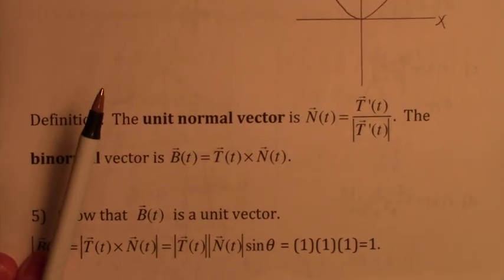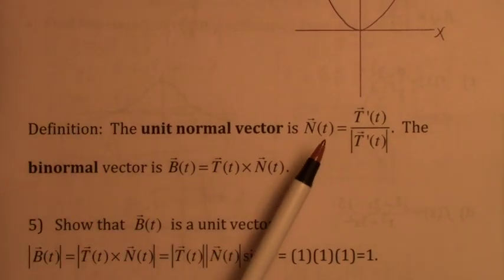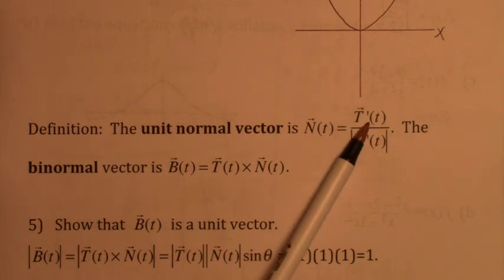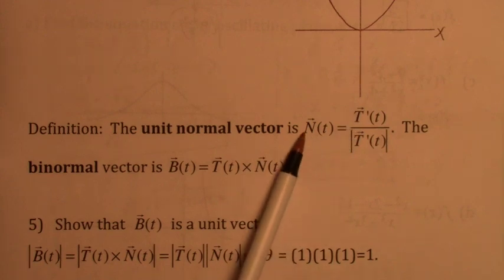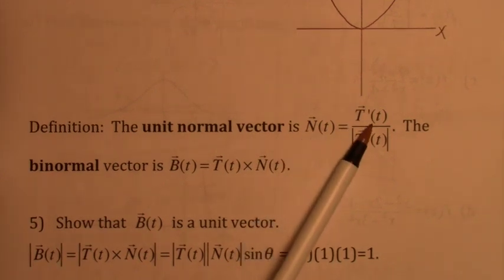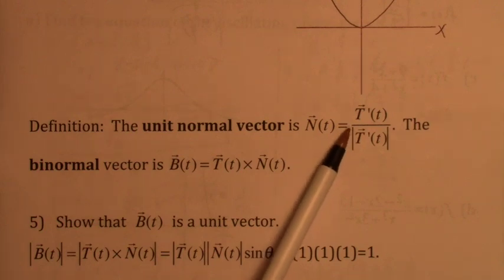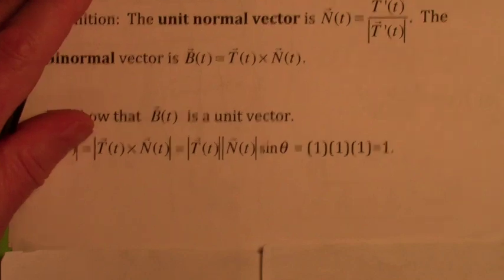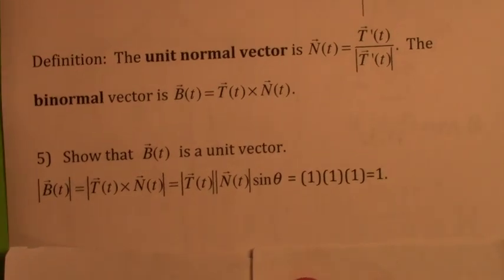The answer is, since t has constant magnitude, didn't we just show earlier that it's orthogonal to t prime? Any vector with constant magnitude is going to be orthogonal to its derivative vector. So n is just the derivative of t that's been made into a unit vector. So t is orthogonal to t prime, therefore it's orthogonal to n. So yeah, sure enough, b has magnitude 1.